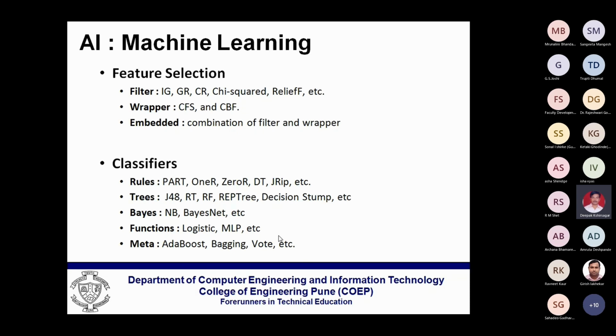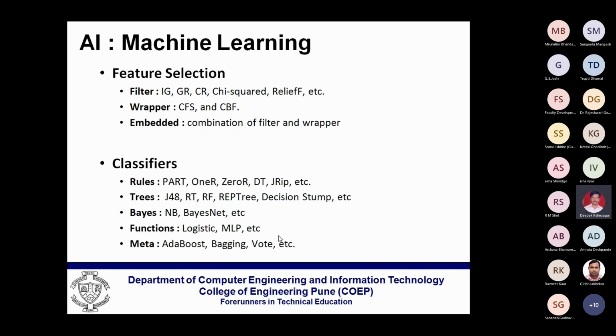When we talk about machine learning classifiers, there is a suite of rule based classifiers, tree based classifiers, Bayes classifiers, and functions or meta classifiers. Rule based classifiers include the 1R algorithm, 0R, decision table, JRip. All these are rule based classifiers.